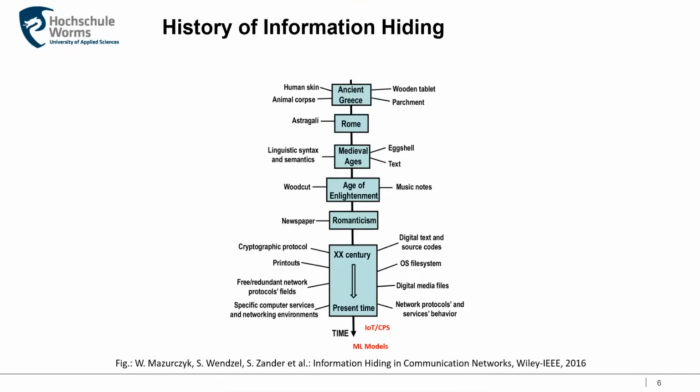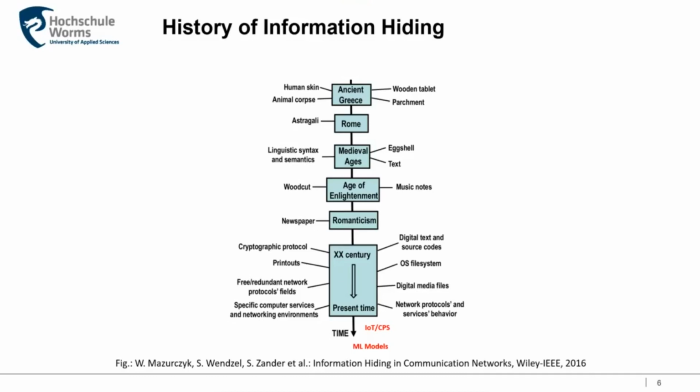Now, information hiding became digital in the 20th century. Here we have hiding information in file systems, in all types of digital media files, in network traffic, and most recently in IoT and CPS devices, and also an emergence of methods that hide data in machine learning models.